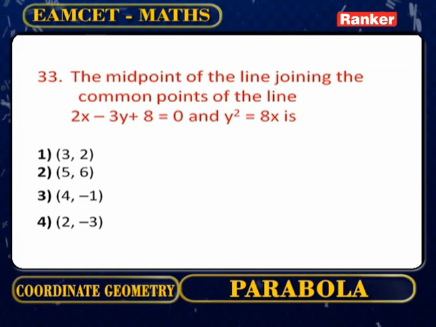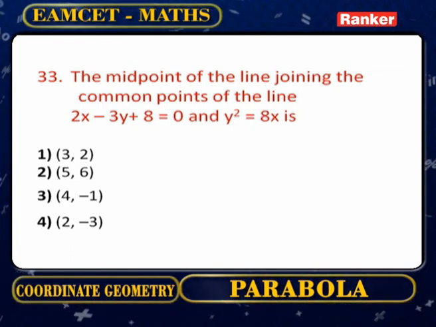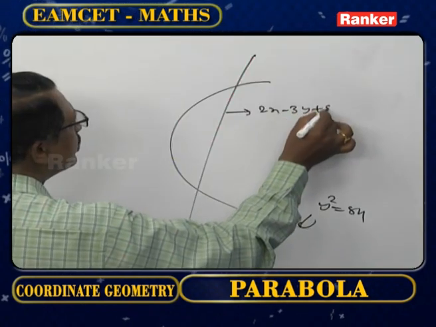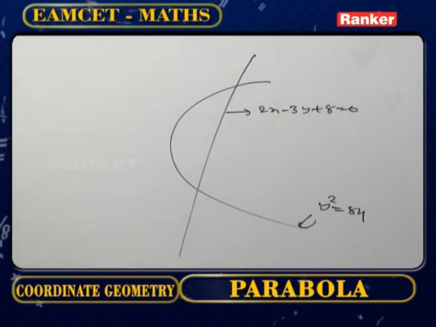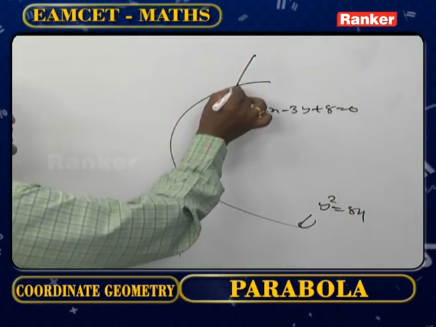Now suppose the given parabola is y square equals 8x and the equation of the chord given is 2x minus 3y plus 8 equals 0.